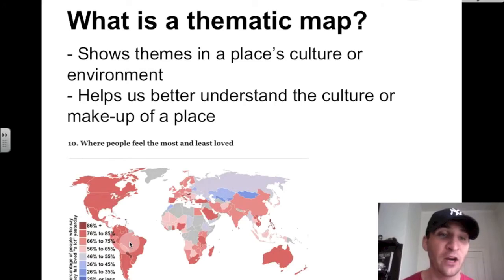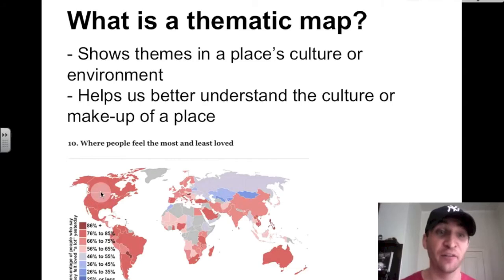In North and South America, people seem to be feeling love. In Russia and in parts of Asia, like Mongolia, people don't feel much love. As historians, we can use this information to ask ourselves, why is it people feel more loved in these countries?